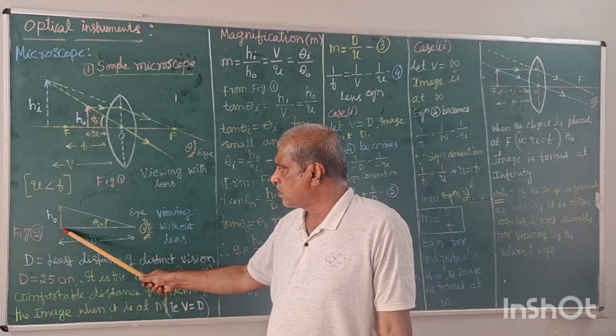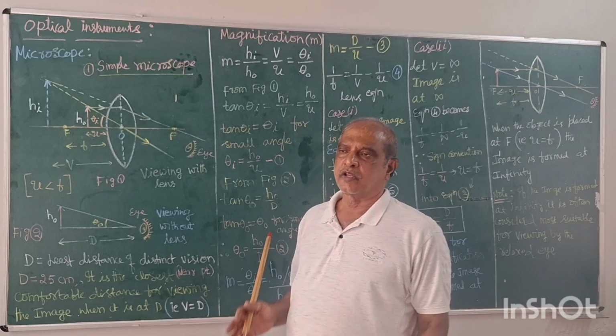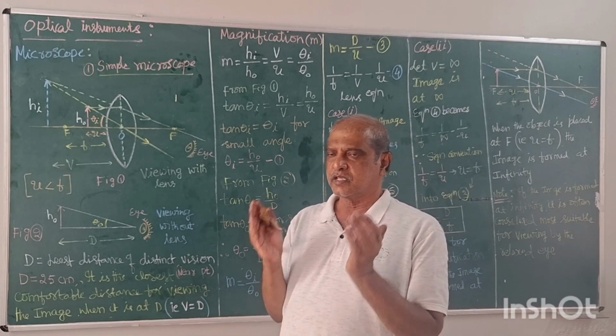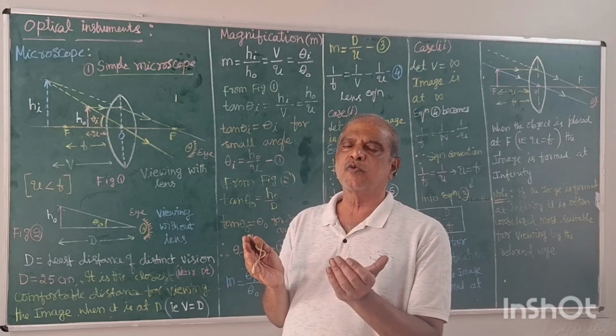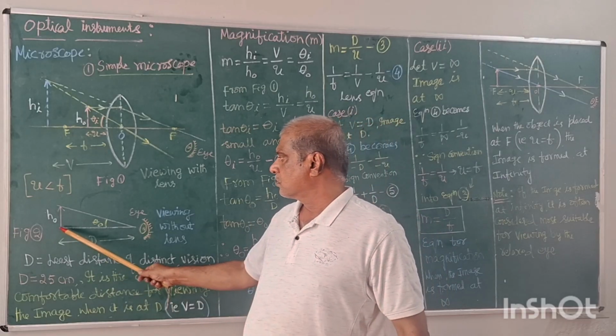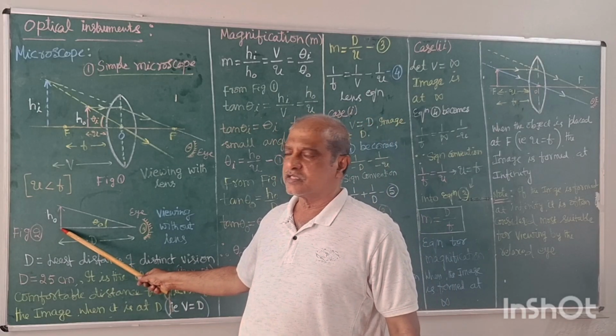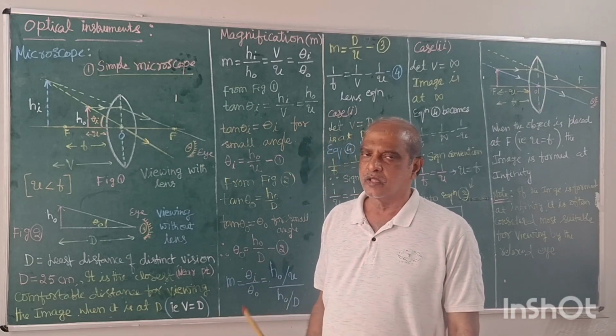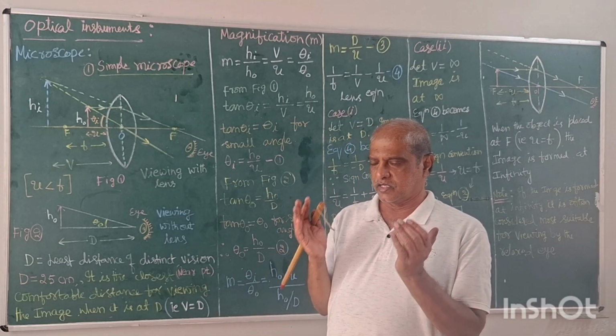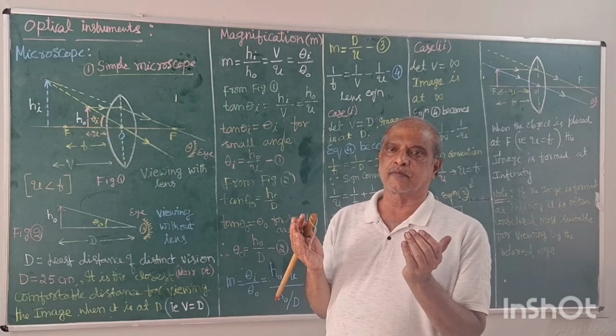So only when the object is at this distance from the eye can we view the object comfortably. This 25 centimeter is a comfortable distance for viewing or reading.